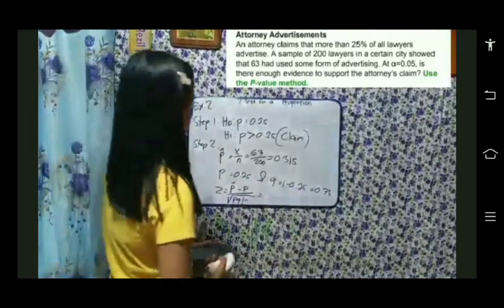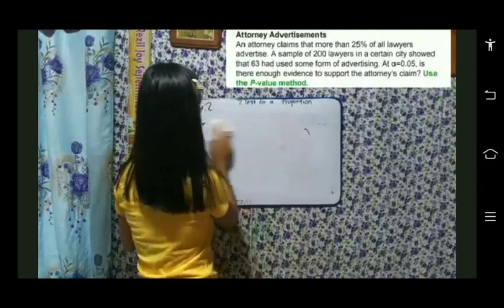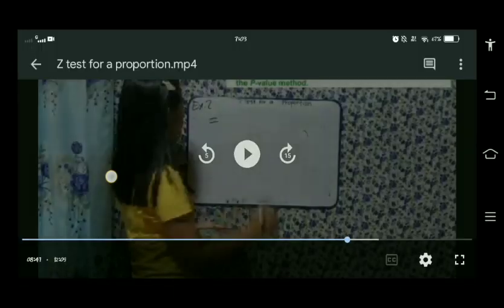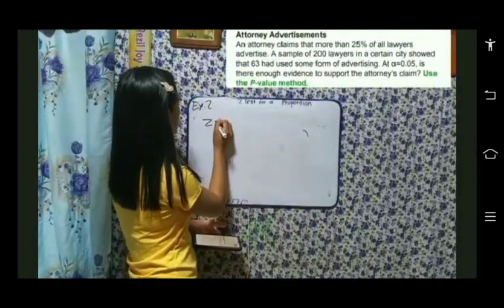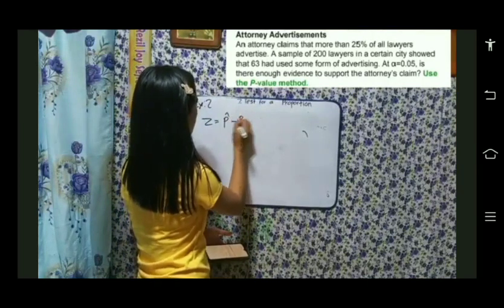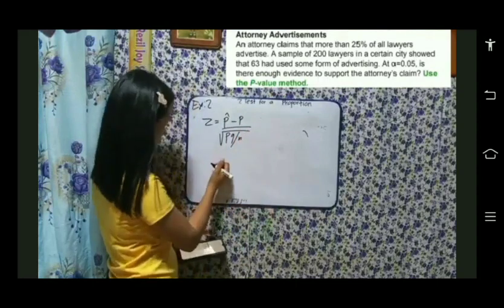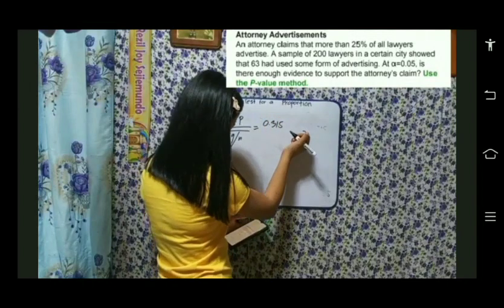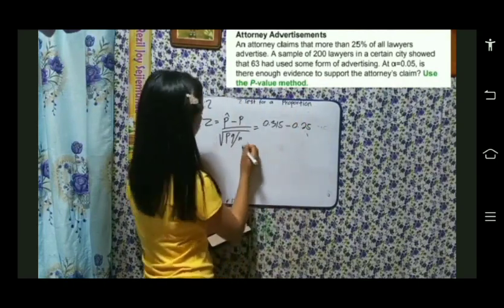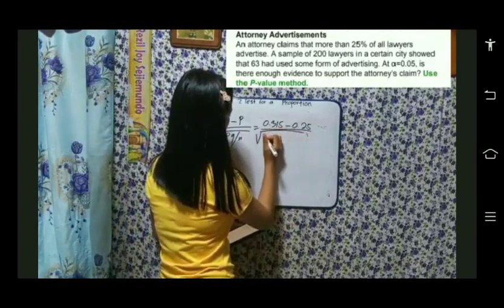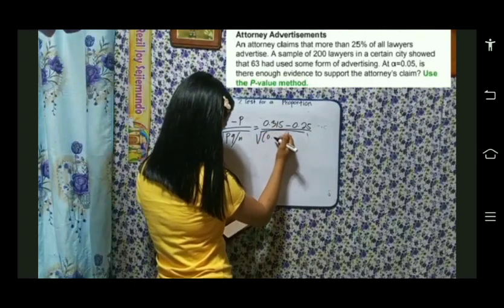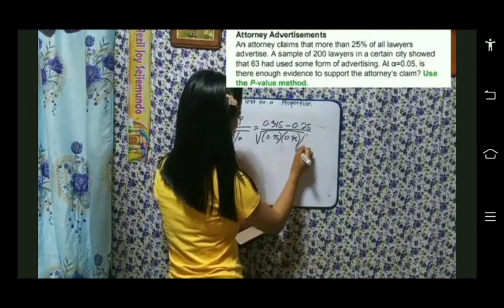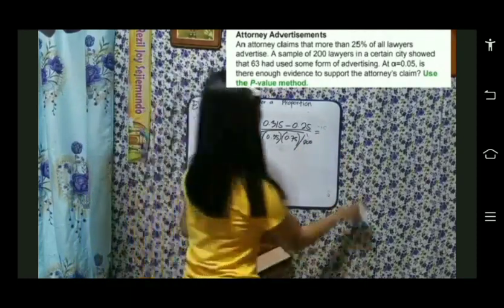Then substitute: 0.315 minus 0.25 over the square root of 0.25 times 0.75 over 200 equals 2.12.